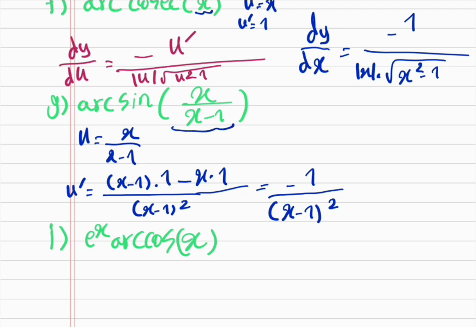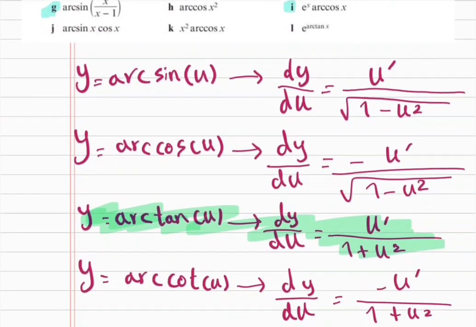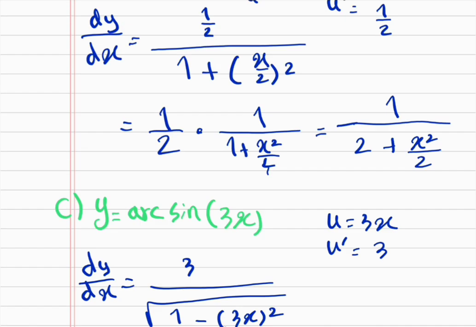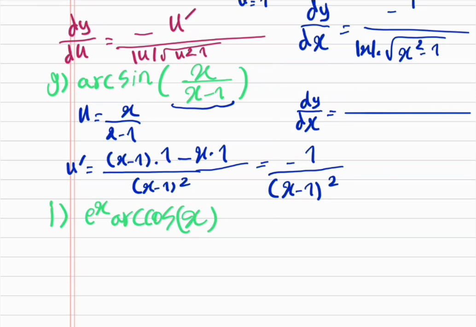Now we need to use this in order to write down the derivative of arc sine. So dy dx is equal to, just to quickly remind you, when we have arc sine, we have the derivative of the function in the numerator, and then the denominator is the square root of 1 minus the function squared. So in this case, the derivative of the inside function is minus 1 over x minus 1 squared.